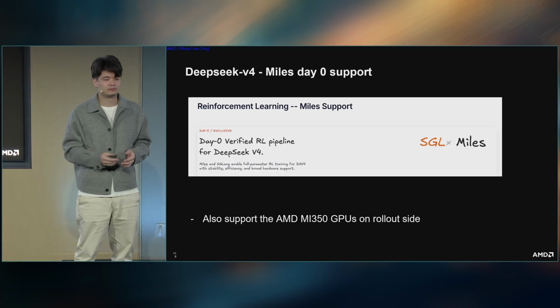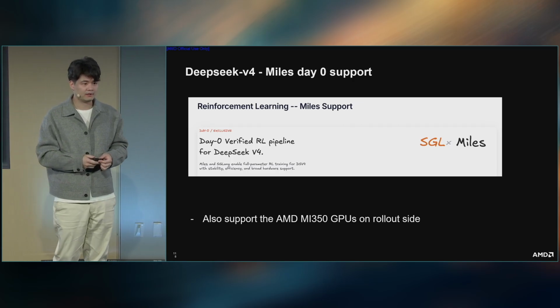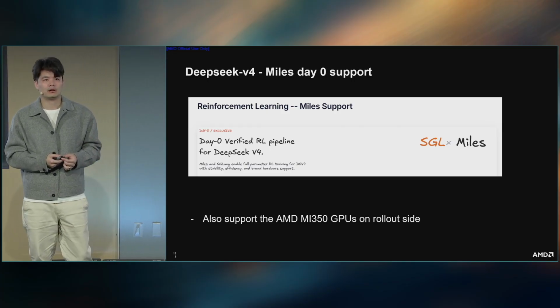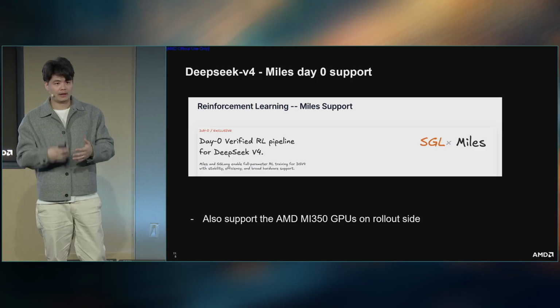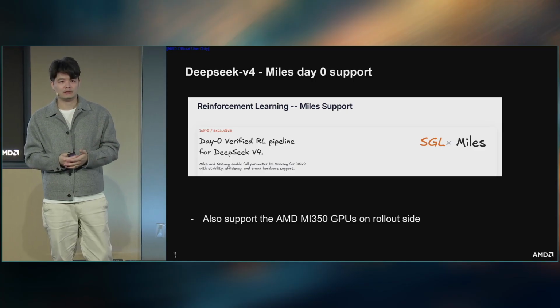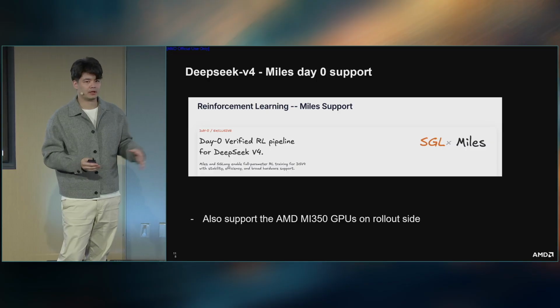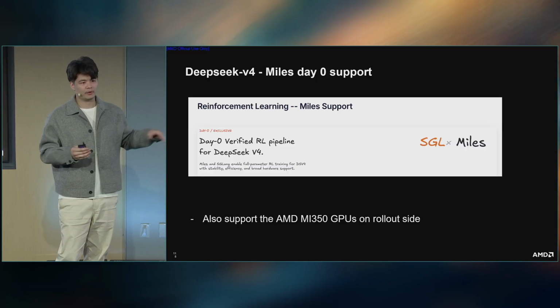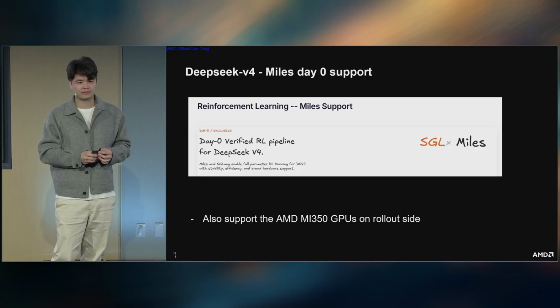And this is the work that we recently have done. We support DeepSeek V4, and we also verified that Miles can work on DeepSeek V4, conducting reinforcement learning, and its reward can grow scalably.